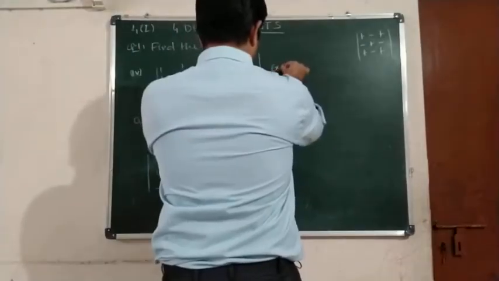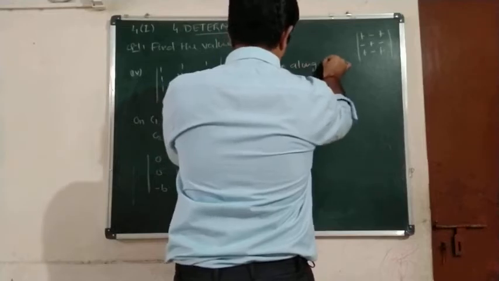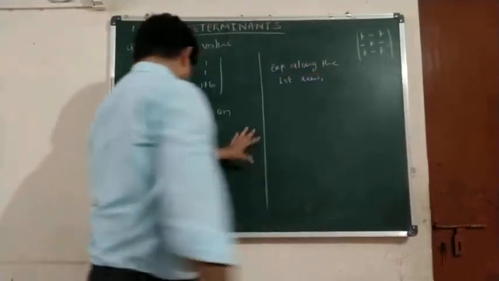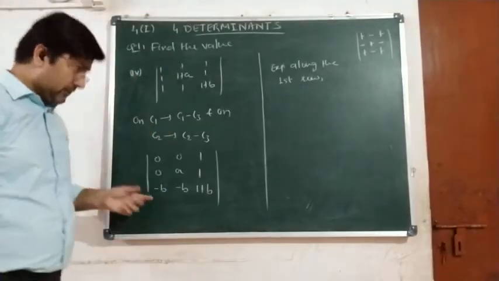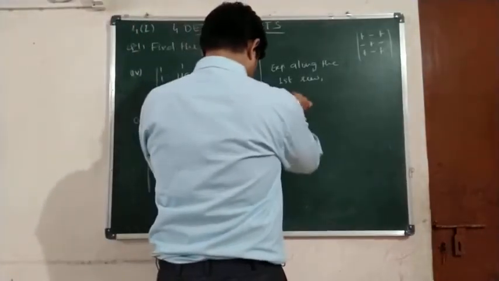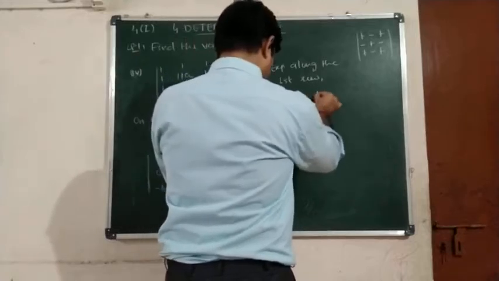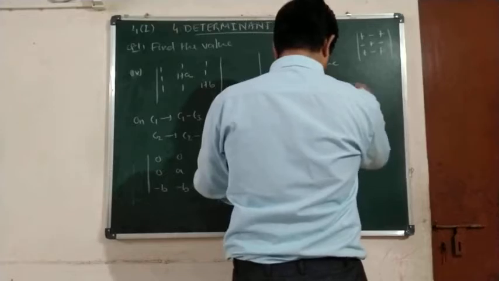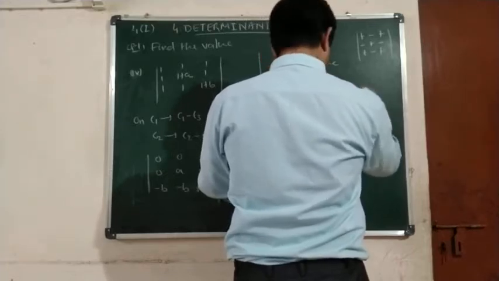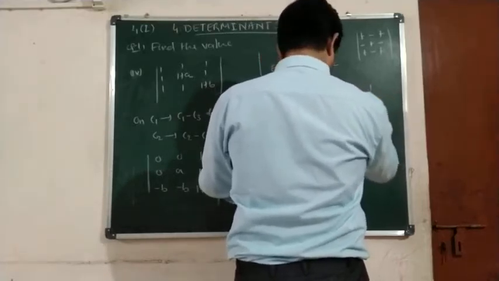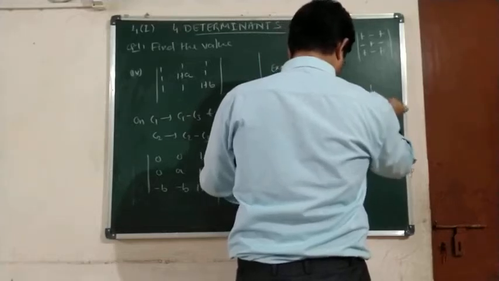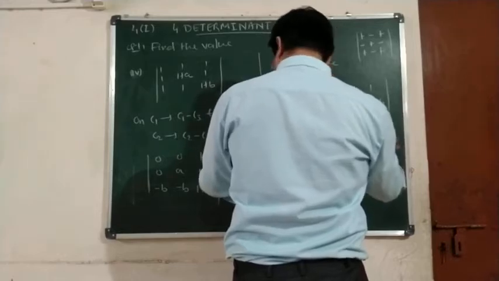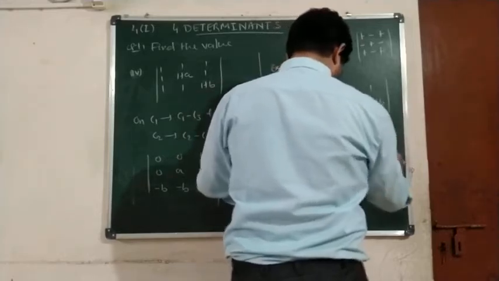Now expanding along the first row, obviously 0 into the determinant a 1, minus b, 1 plus b, then same convention again 0 into the determinant 0 1, minus b, 1 plus b, and plus 1 into the determinant 0 a, minus b.